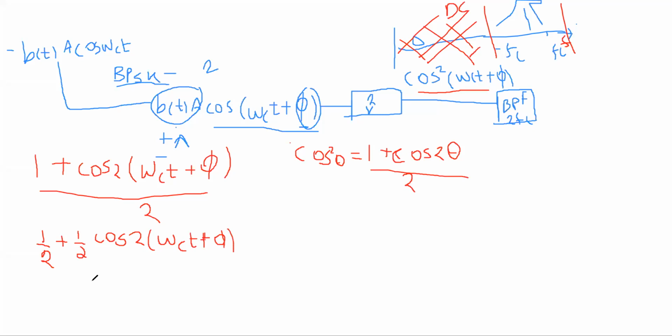Okay, so this is the signal that is generated at the input of your band pass filter. That is just an expansion of this cos square of omega ct plus phi.